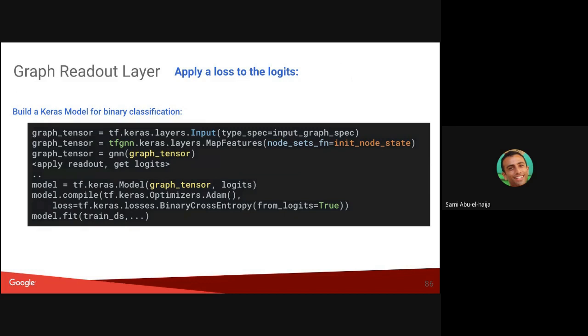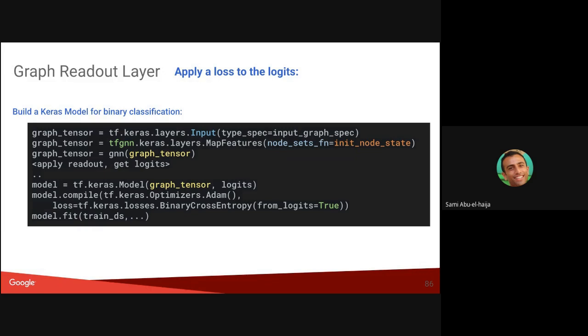In this code snippet, you can see a Keras functional API model, which is used to build a graph neural network. Our input is the graph tensor. Then we preprocess and initialize its features, initialize the hidden state features, and then apply several runs of GNN updates to the graph.